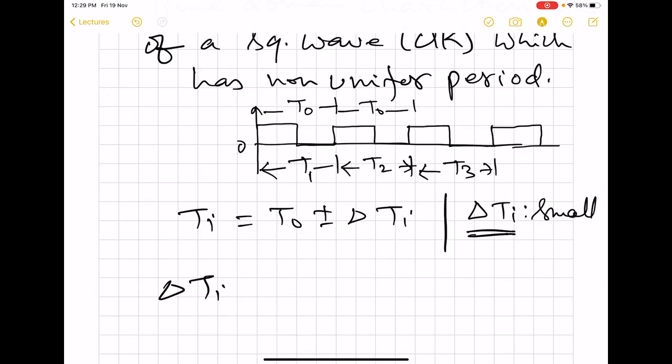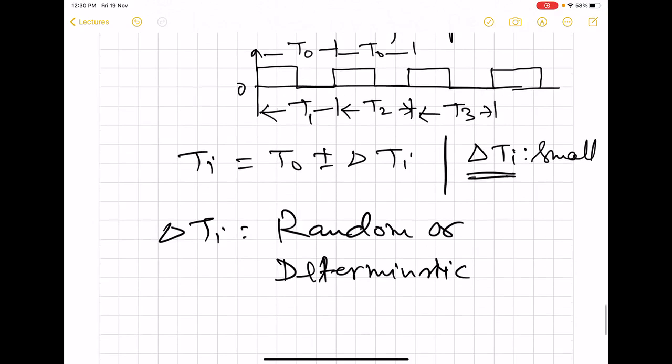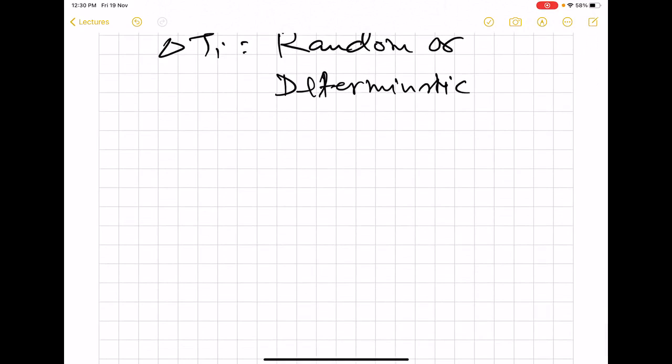So here this could be either random or deterministic. So this is one key difference between phase noise and jitter. Now this jitter is characterized in various ways, unlike the phase noise, where we had a very well-known way of talking about it. So here this is characterized in a number of ways.